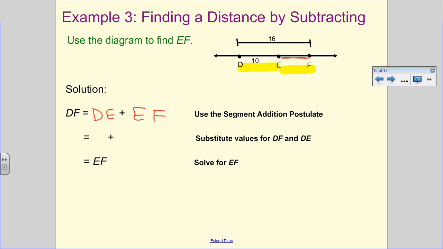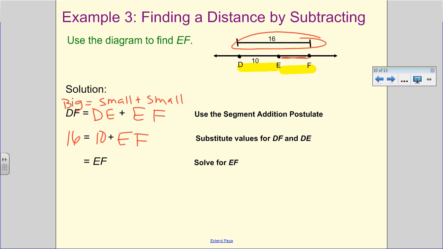This is the big segment, and this is equal to the 2 small segments added together. That's what your segment addition is. What we're going to do now is start substituting values in for DF and DE. DF was this top one, so I know DF is 16. DE is 10, but I don't know EF.